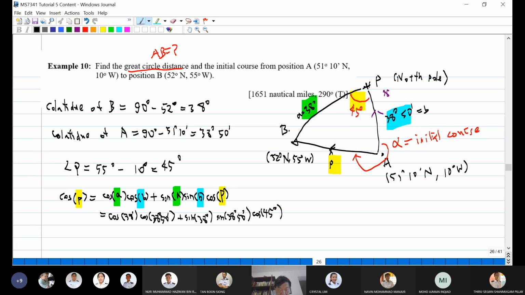This number is 0.8868 here. So you can find p now. p is cosine inverse of the answer here. So this will give you 27 degrees. Okay. So 27 degrees. What's that?